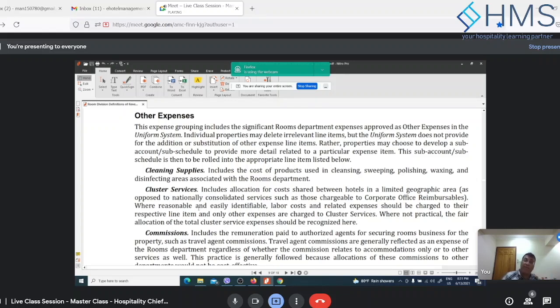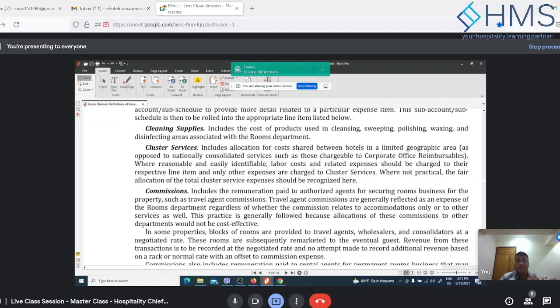They are all variable expenses, right? So you may have to record them separately, either in an Excel file if your accounting system does not allow you to create sub ledgers, or otherwise you can create sub ledgers so you don't have to rely on the Excel files. That's the important thing I wanted to say.